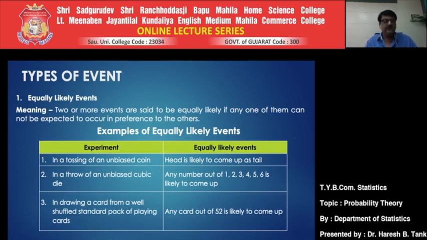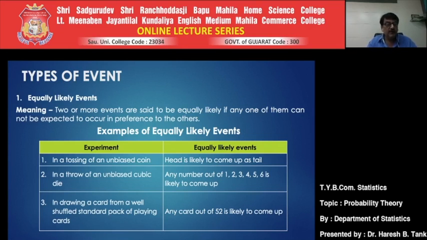Let us see it with an example. In tossing an unbiased coin, there are two possible outcomes, head and tail. Head is likely to come up as same as tail is likely to occur. So getting head and tail are equally likely.